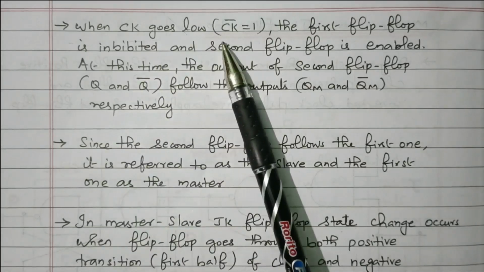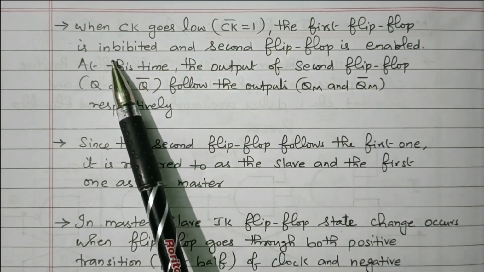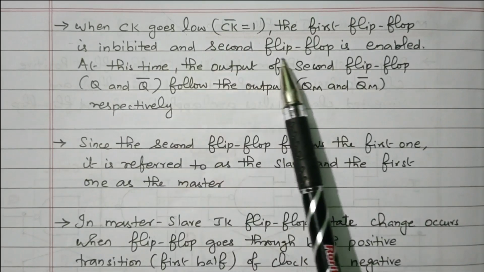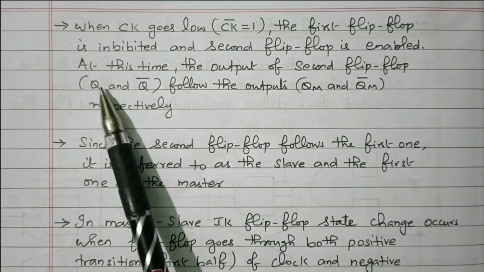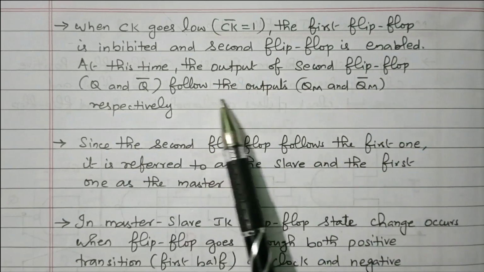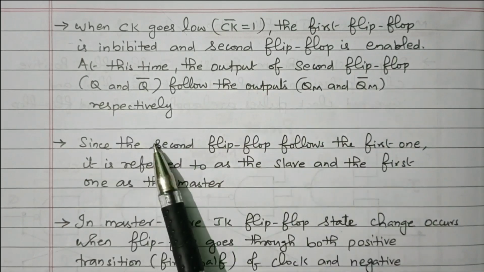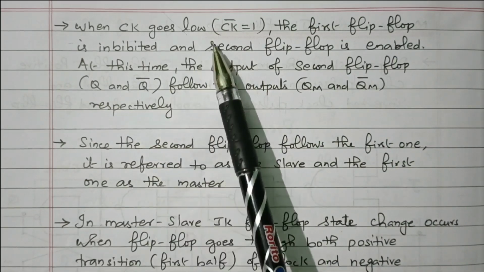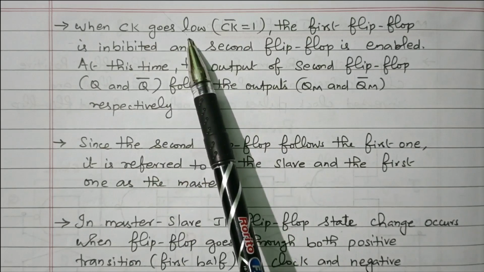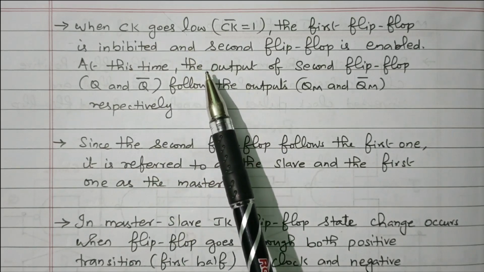When the clock pulse goes low, CK bar equals 1, the first flip-flop is inhibited and the second flip-flop is enabled. At this time, the output of the second flip-flop follows the outputs Qm and Qm bar respectively. If the clock pulse is low, the first flip-flop is disabled and the second flip-flop is enabled.